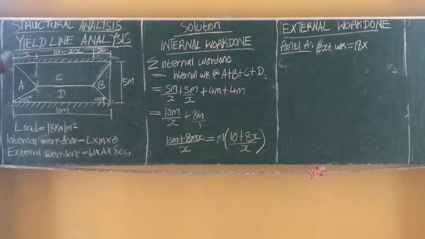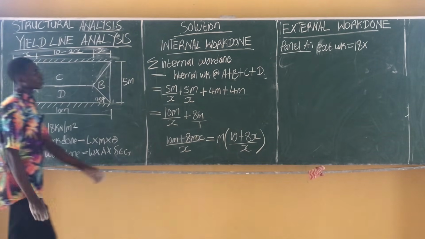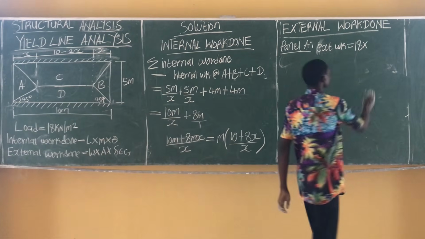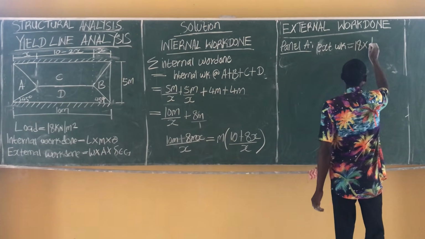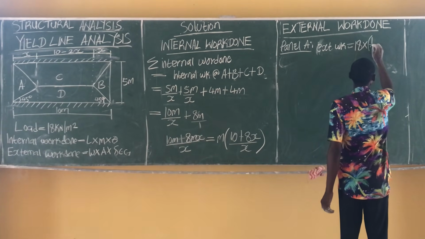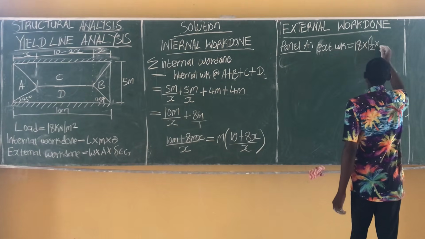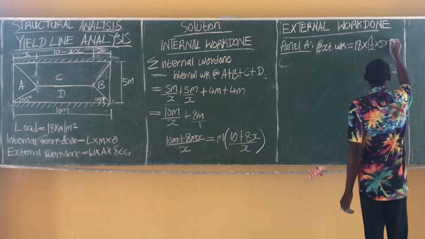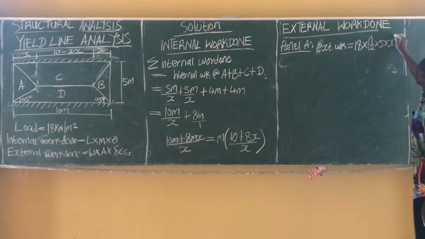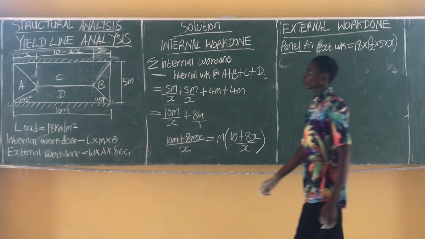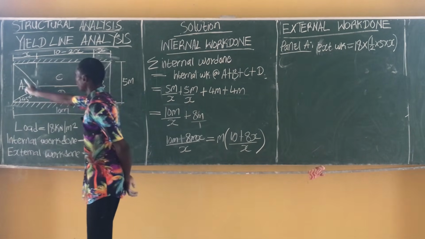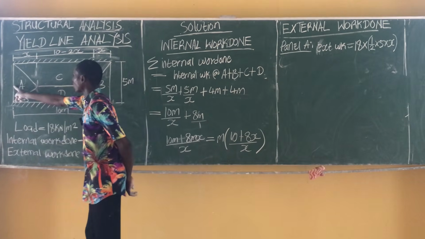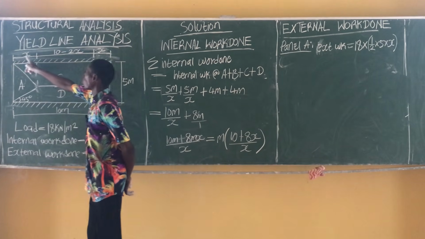It is a triangle, hence the area is half base times height. The base is 5 meters and the height is x.